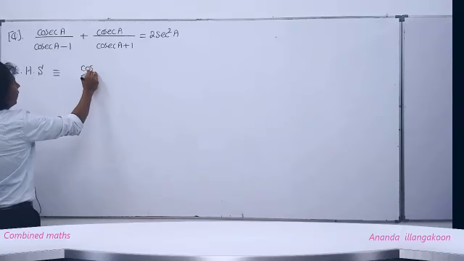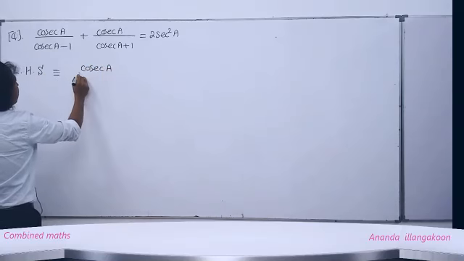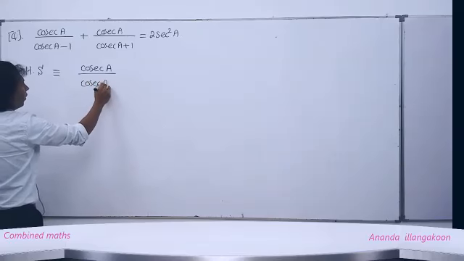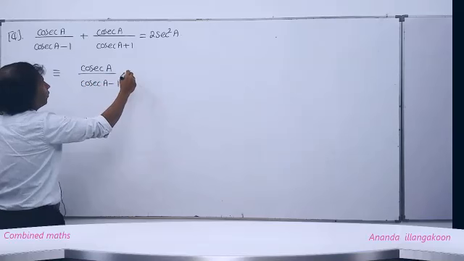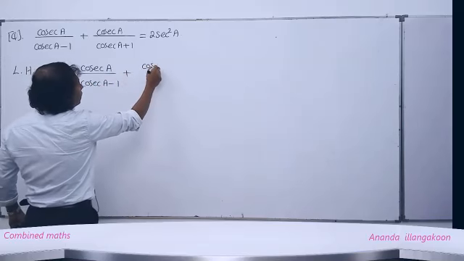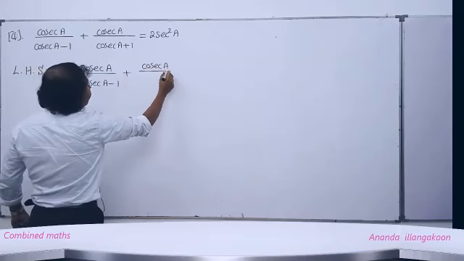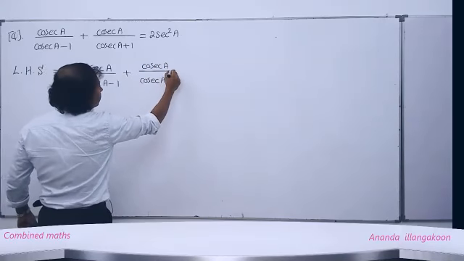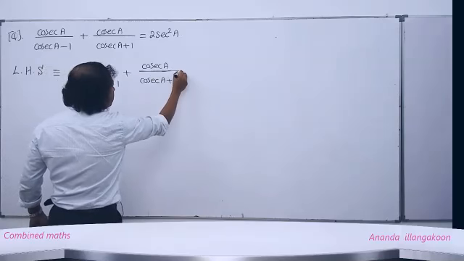We can write it like this, no? Cosec A divided by cosec A minus 1, plus cosec A divided by cosec A plus 1.